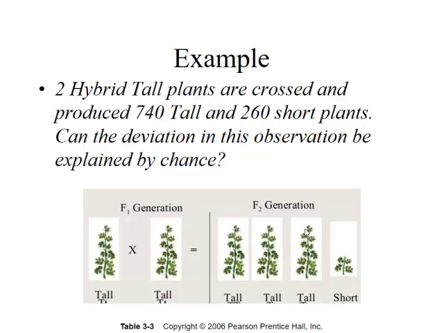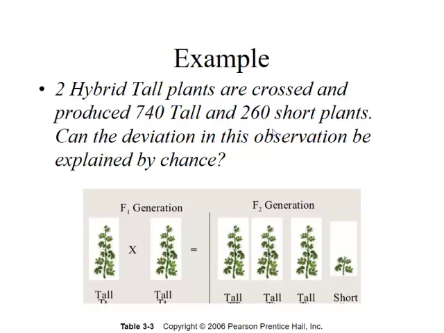If you've got 2 hybrid tall plants crossed, you would expect to see 3 talls and 1 short. Or if we're doing a lot more than 4, we would expect 75% tall and 25% short plants. In this situation, we have a lot more than 4 plants.